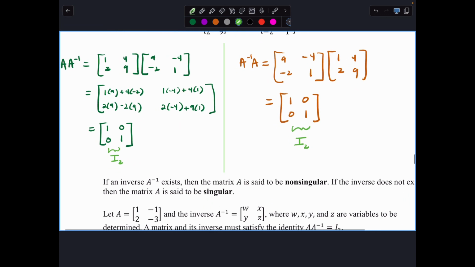So if an inverse matrix exists for a square matrix A, matrix A is referred to as a non-singular matrix.